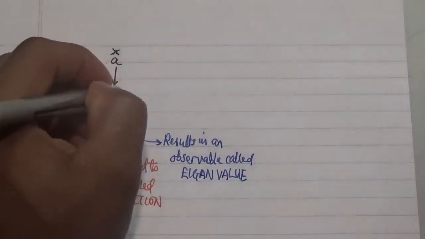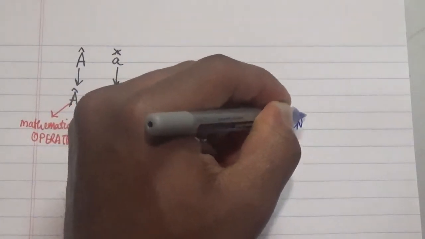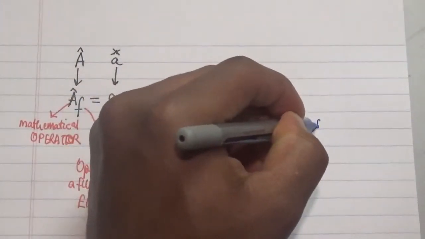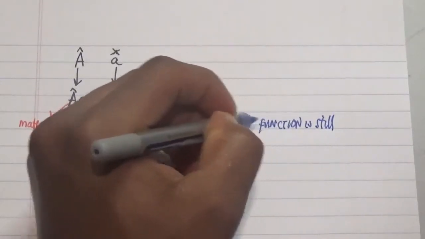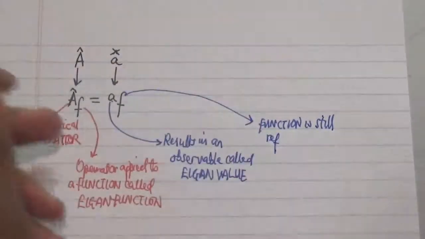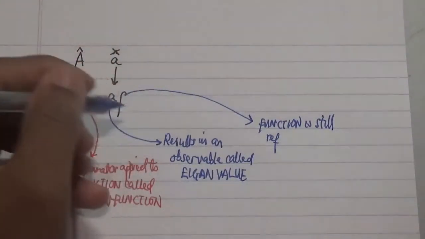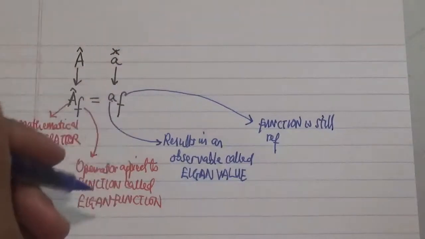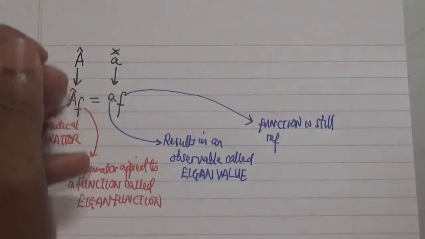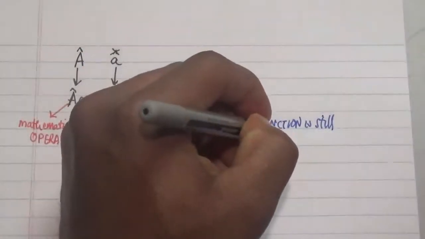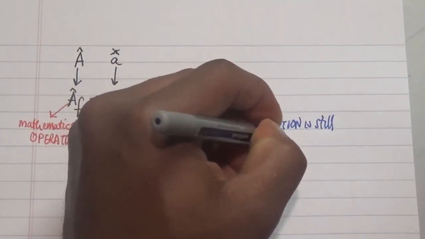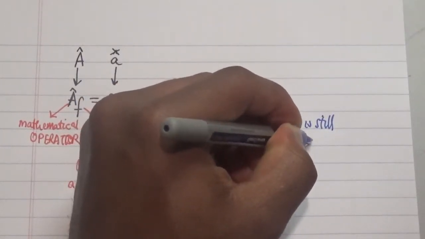And this f here represents the function which is still reproduced after you apply the operator to it. We still generate our function after that particular calculation.